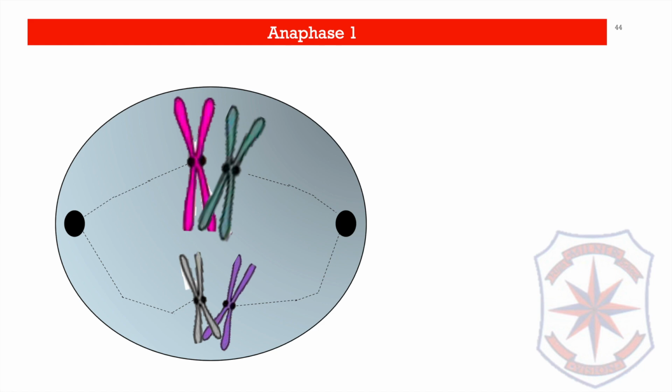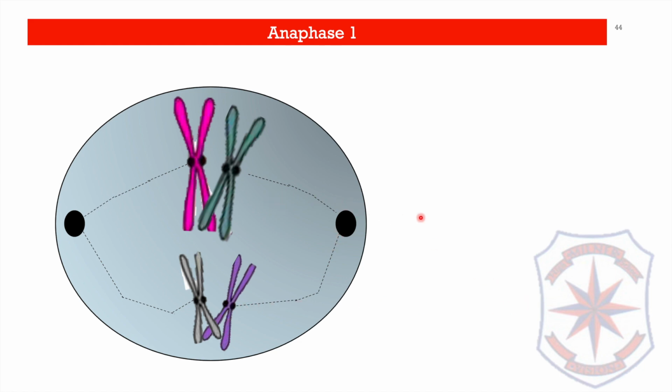Okay, remember from the previous phase, the homologous chromosomes aligned themselves at the equator of the cell randomly, and then secondly, spindle fibers formed and they attached themselves to the centromeres of the chromosomes.